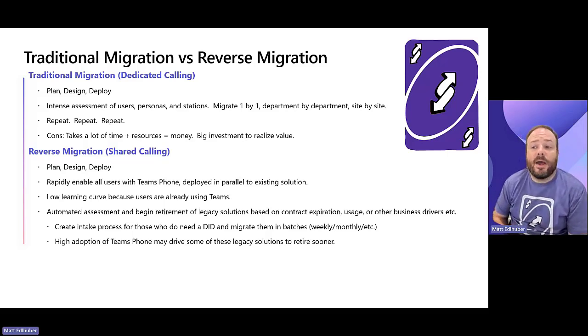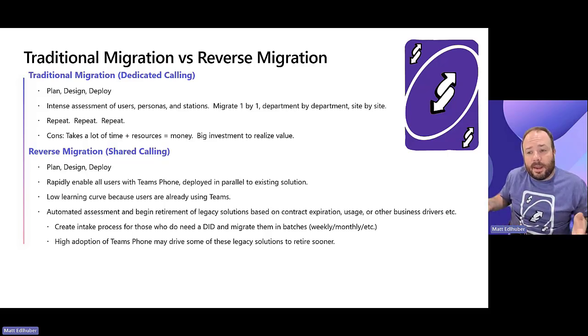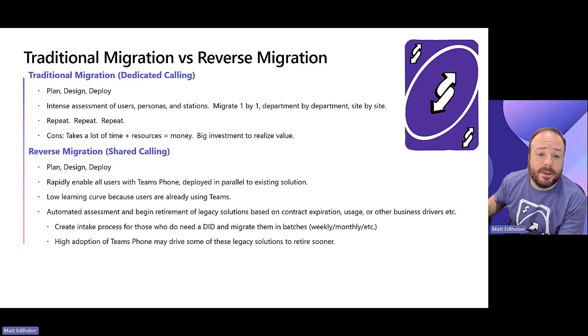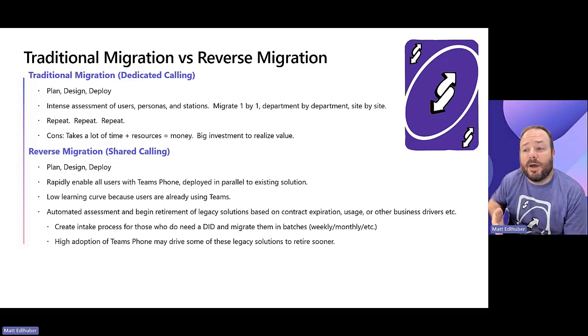Depending on the size and the complexity of your environment, this could take a very long time, and you get in that rinse and repeat mode. The cons of that strategy are that it takes an incredible amount of time and a lot of resources, which all pretty much equate to money. So it's a big investment to realize the value of your Teams Phone licensing.